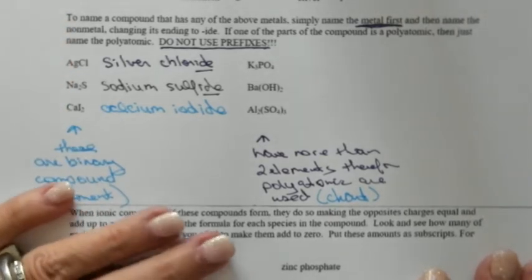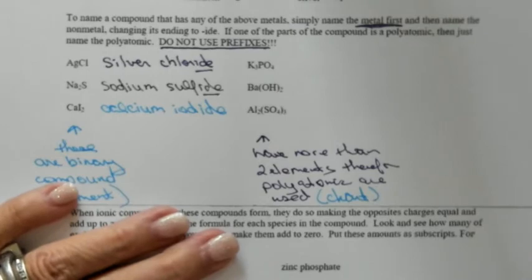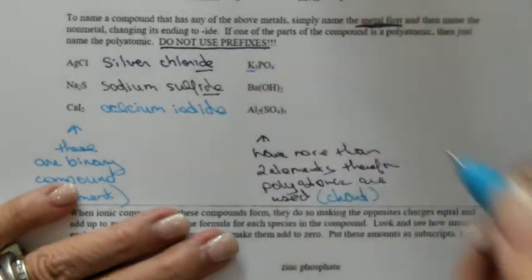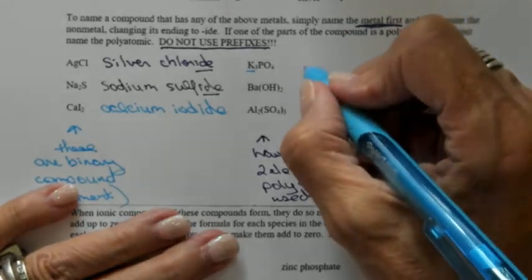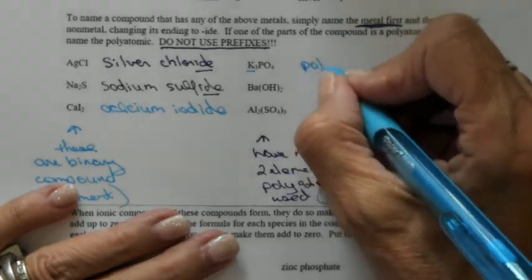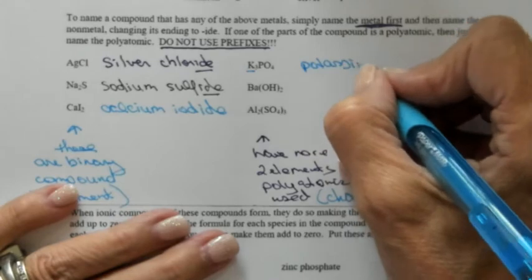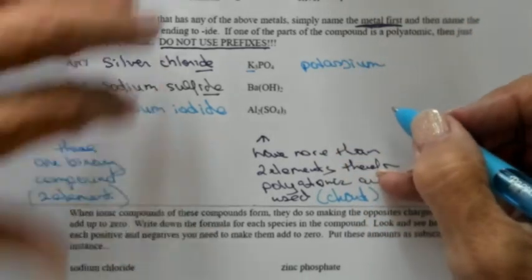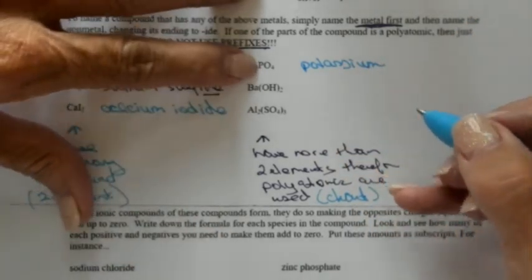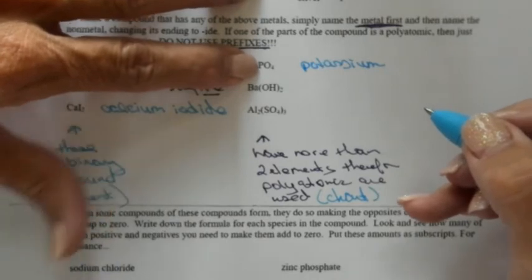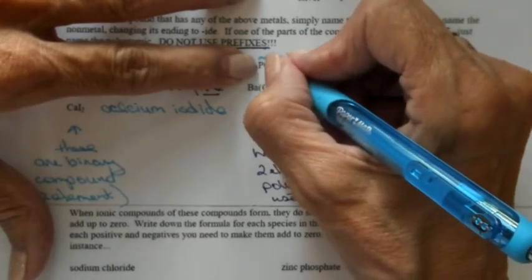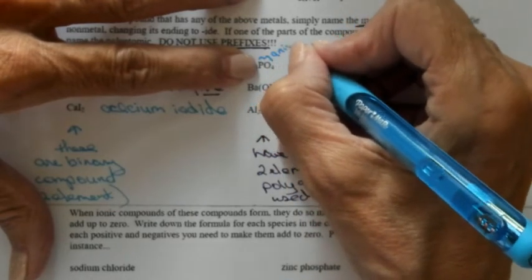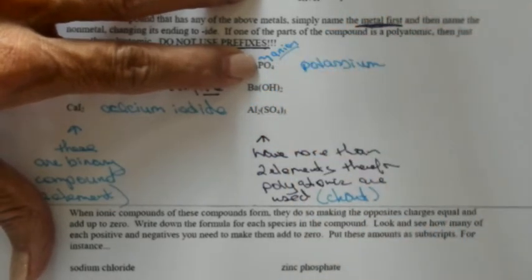So, same process. I'm going to look at the first element. This metal, K, is a metal, and I look him up on the periodic table. He is potassium. And when I cover up the K, I see that I have PO4. Since there's more than 2 elements, this is my anion, the negative portion of this compound, and I need to look it up.